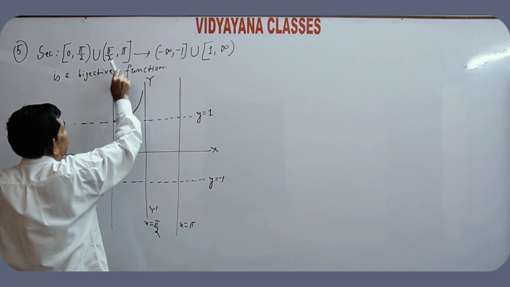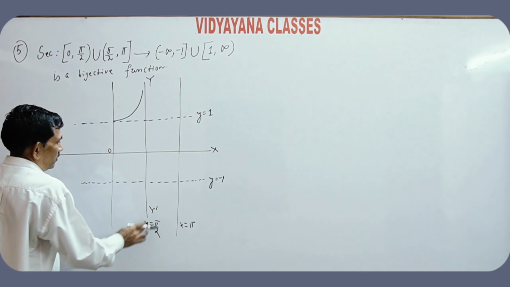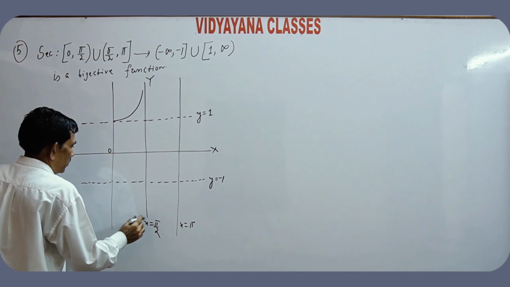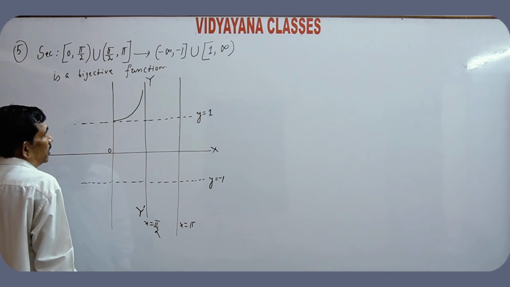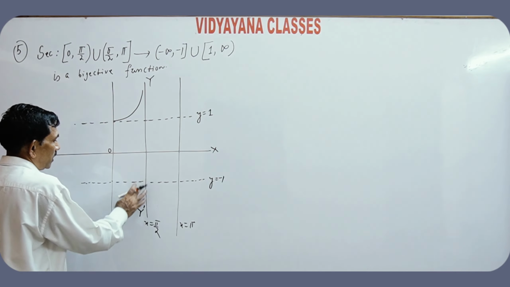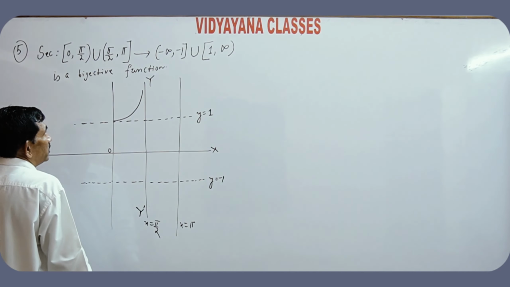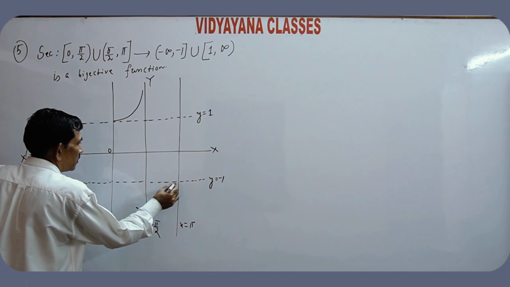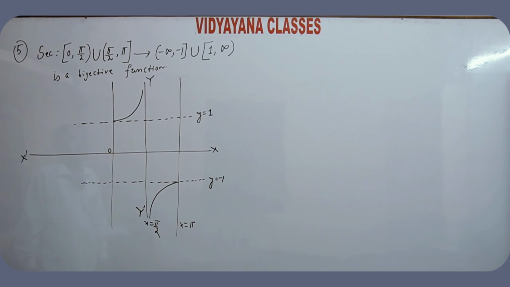At x equal to pi, y is equal to minus 1. This line is x equal to pi. This line is x equal to pi by 2. It is the graph of this.